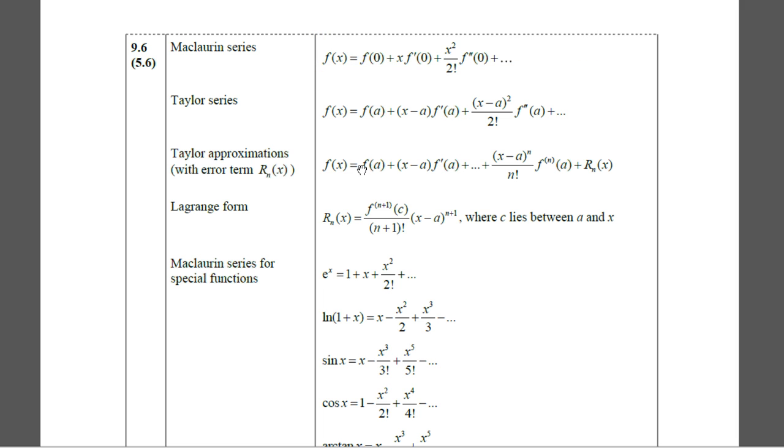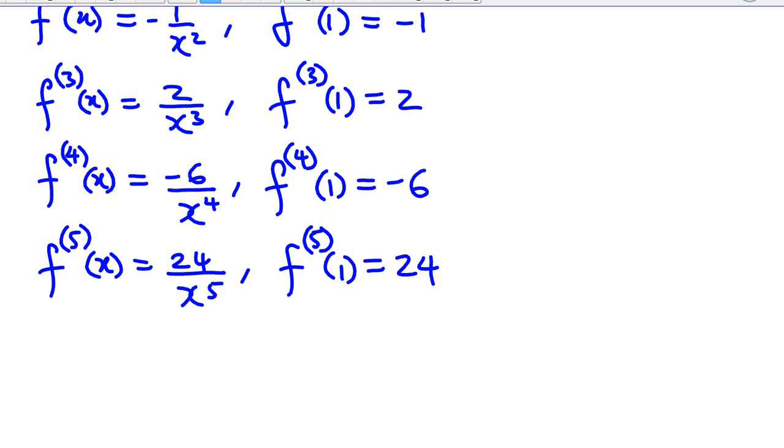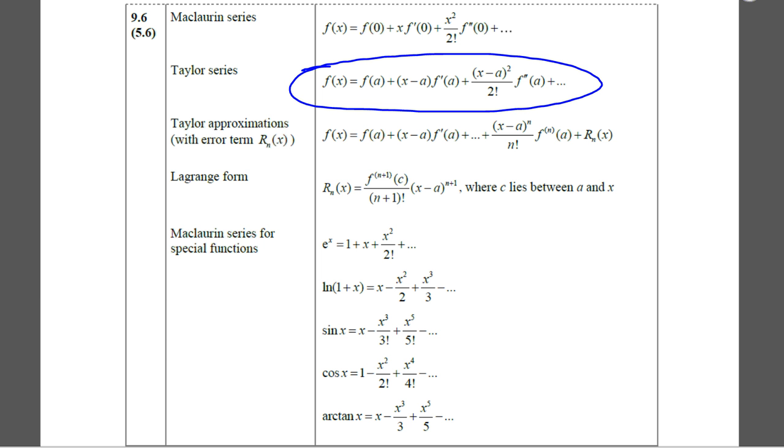So we need to plug it into the formula for Taylor series. This one here. All right. So what I'm going to do is, remember here, our a is 1.